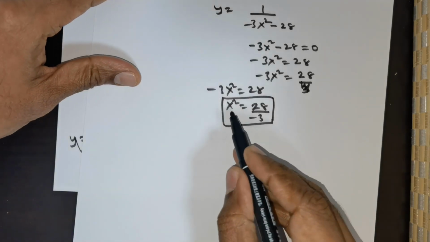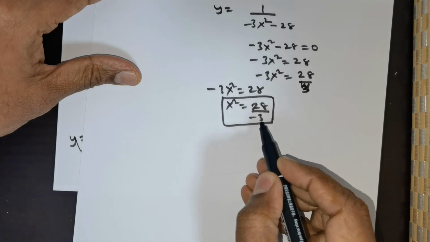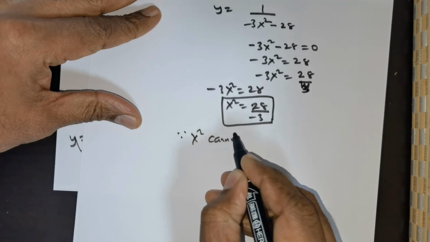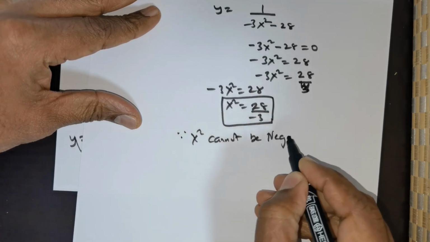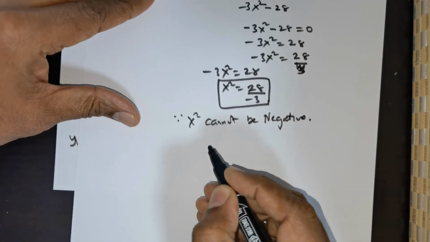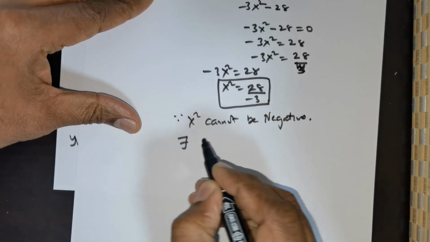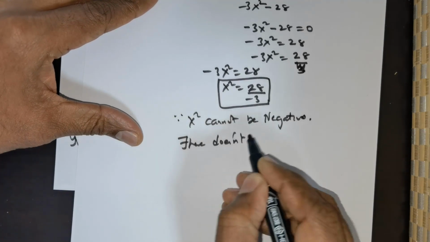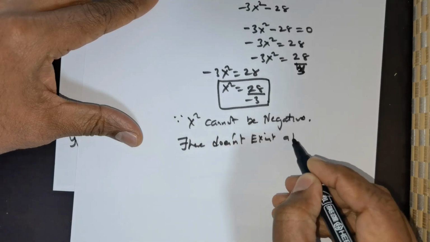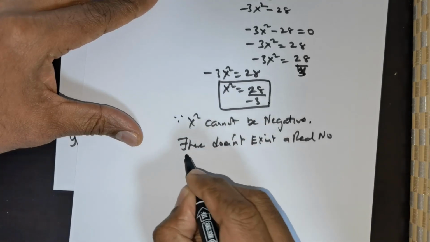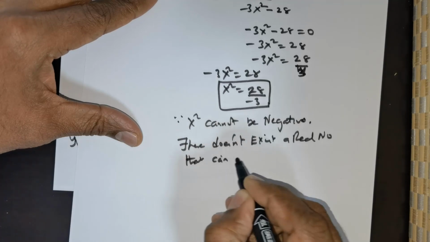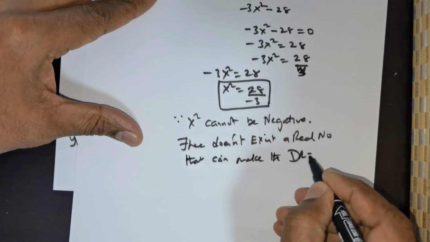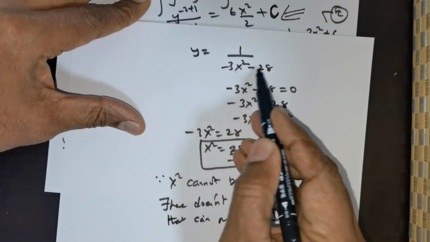Now in this case you see that x squared is equal to 28 over negative 3. That would mean, clearly we know that x squared cannot be negative, right? So there doesn't exist a real number that can make the denominator equal to 0, because if the denominator is 0, the function vanishes.